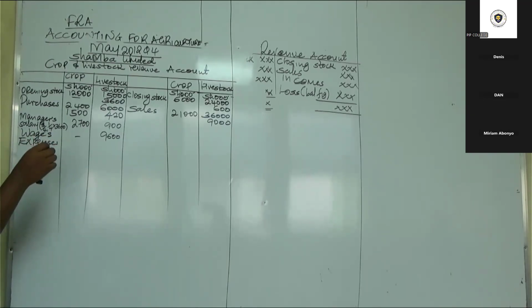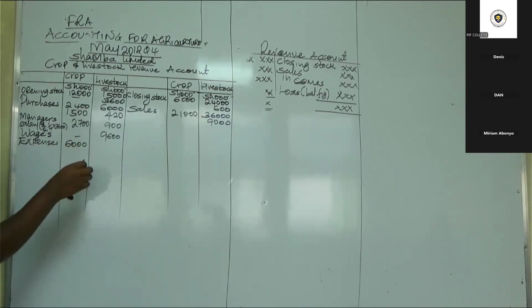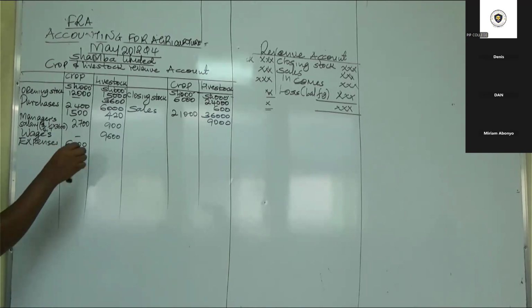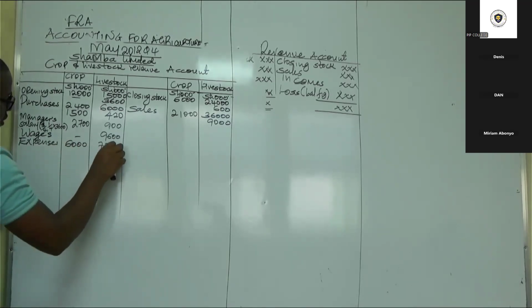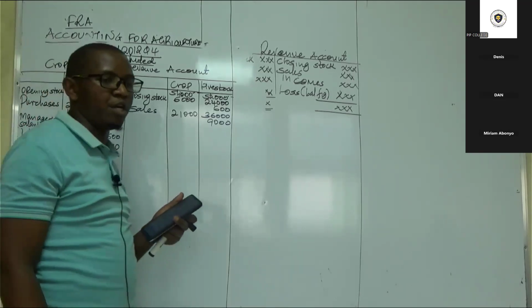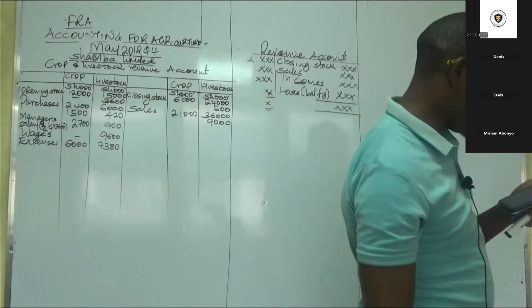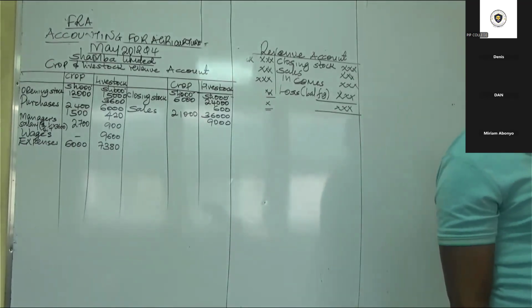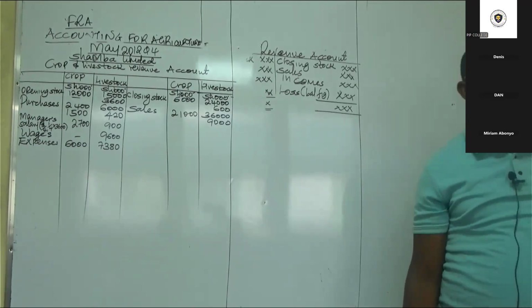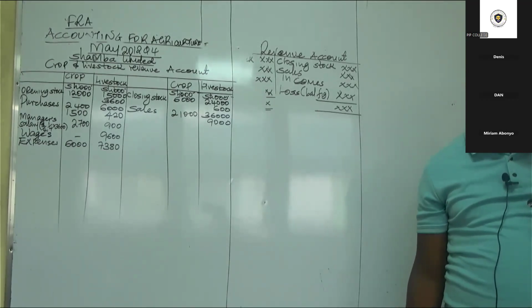We've been given that 6,000 were for crops, and 7,380 for livestock. Is that okay? So we can now proceed.